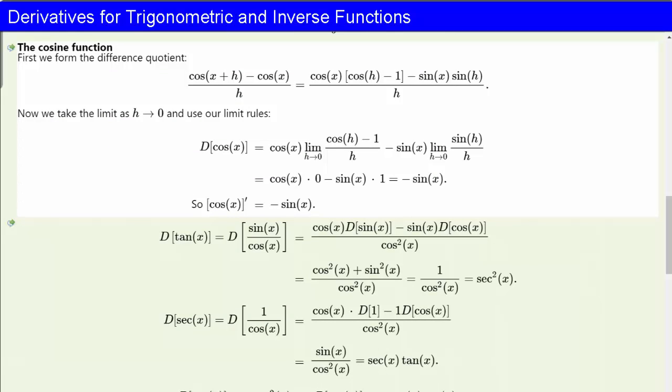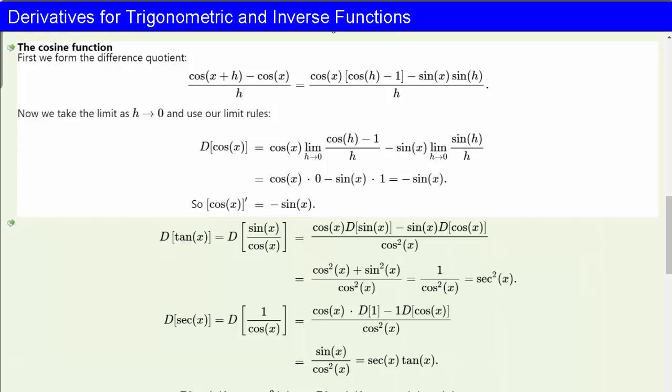Now let's turn to the cosine function. First we form the difference quotient. And again, we use the addition formula for cosine this time, and we collect terms in cos x and sine x in the numerator. Now take the limit as h goes to 0 and use your limit rules to write it as a sum of two limits.